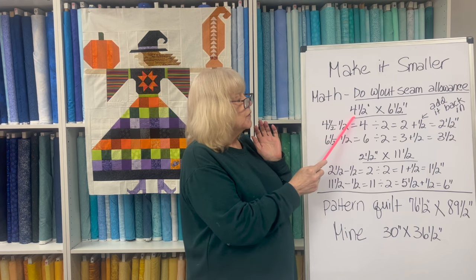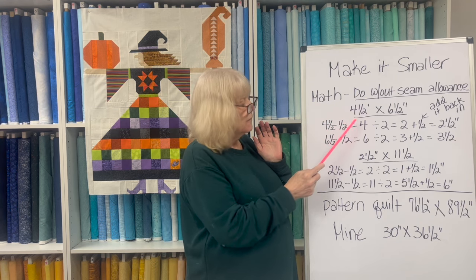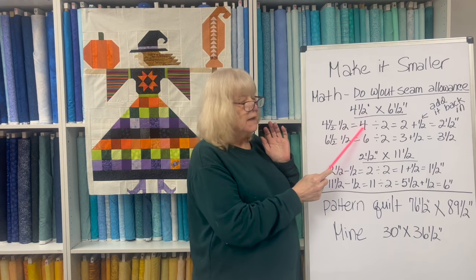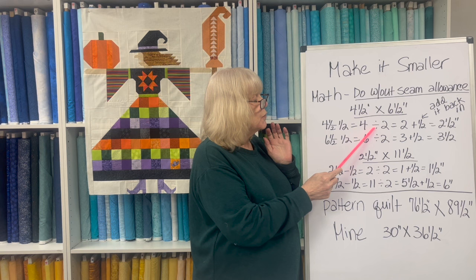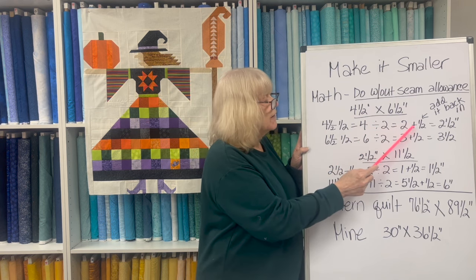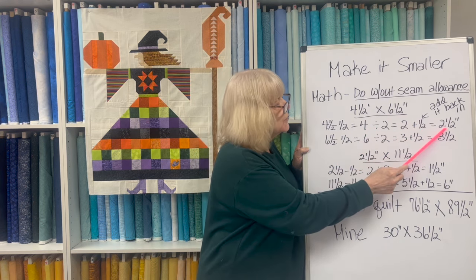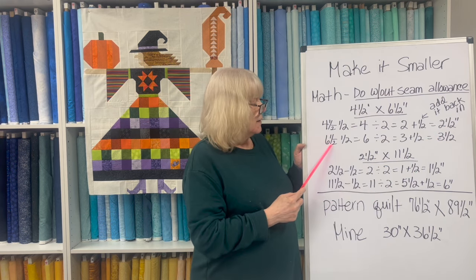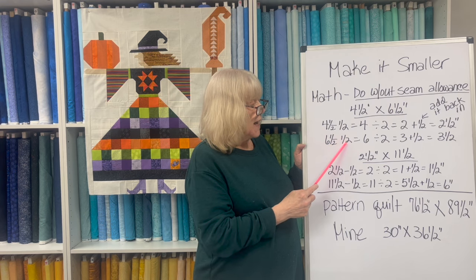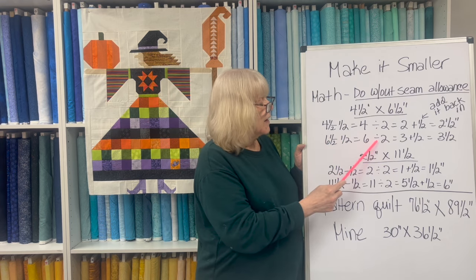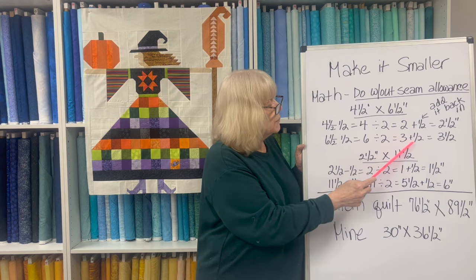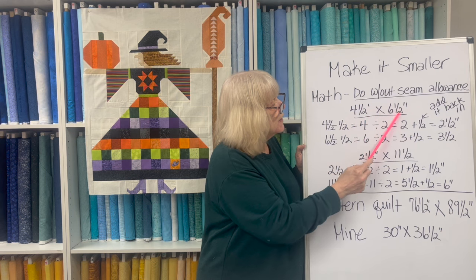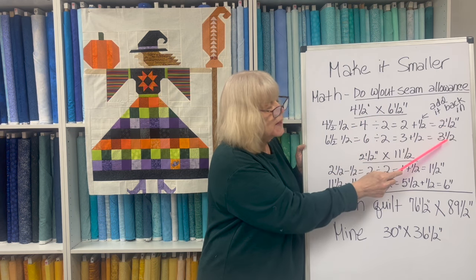So if they told you to cut 4.5 by 6.5, you take the 4.5, take off the half, get to 4, divide by 2, you get 2. Now you have to add the half back in, so it's 2.5. You do the same thing with the 6. 6.5 minus a half is 6, divided by 2 is 3, plus a half is 3.5. So if in the pattern it told me to cut 4.5 by 6.5, I'm cutting 2.5 by 3.5.